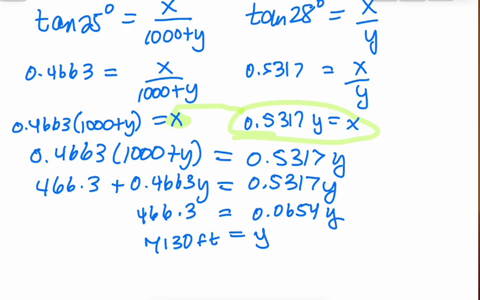Okay. Now here's something very nice. We know that x is always y times 0.5317. We had a nice equation for y. So let's just plug that y value in right here. And then we got x. So x is 0.5317 times 7,130.